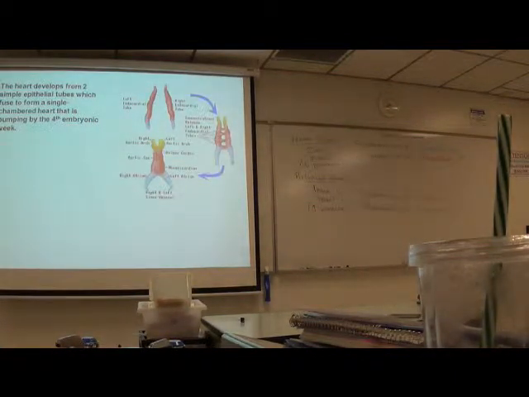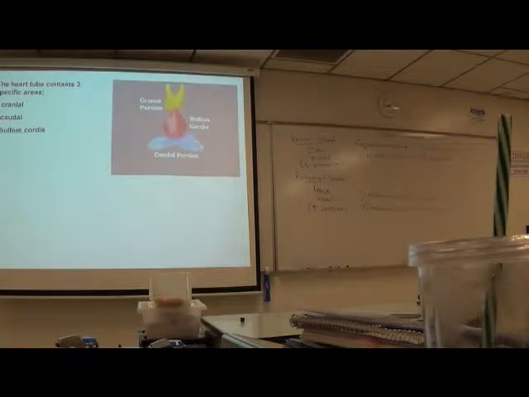So this is colored. You can kind of see the components that are going to be formed. But it says by the 4th embryonic week. It's actually the beginning of the 4th embryonic week. So day 21, 22. All right. 21 would be the end of that 3 weeks.